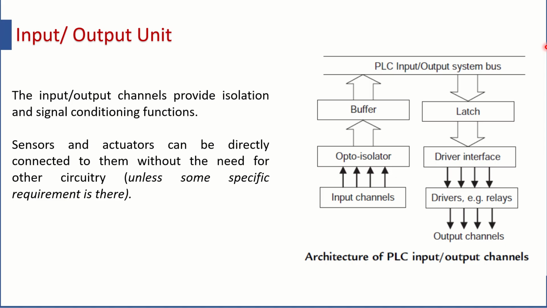If you have already conducted practicals in your graduation days, you might have seen that we do not connect an LED directly to a microprocessor output. We put an 8255 to the port, that programmable peripheral interface. Then we use a driver or we use a transistor as a driver to drive a certain LED.